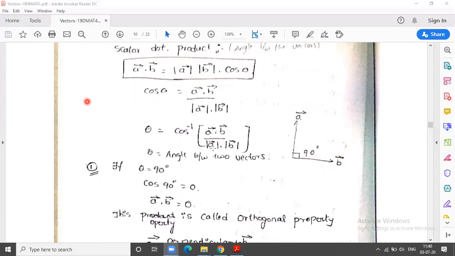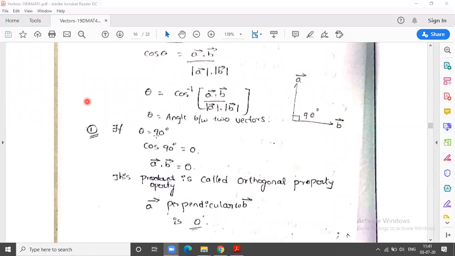Now if the angle between any two vectors is 90 degrees, that means if their initial points intersect orthogonally, the angle between those two vectors will be 90 degrees, that is theta equals 90 degrees. We know the value of cos 90 is 0.